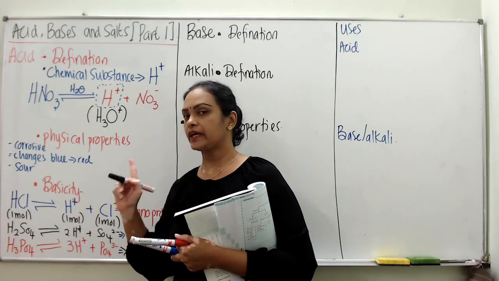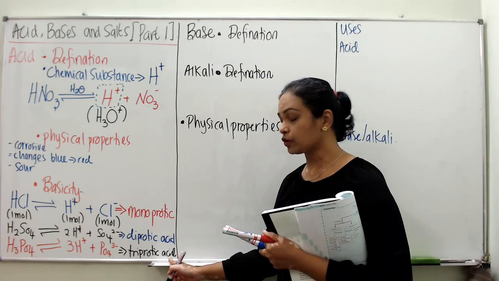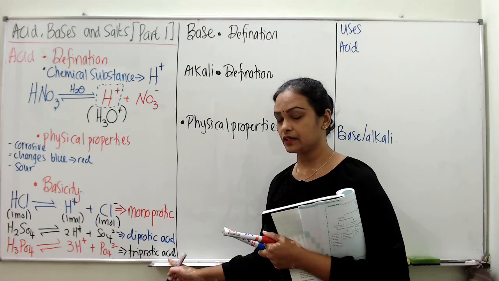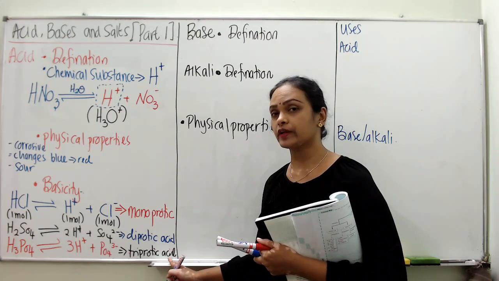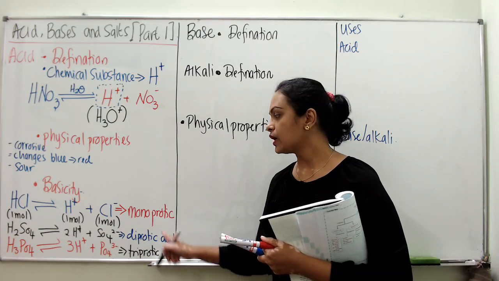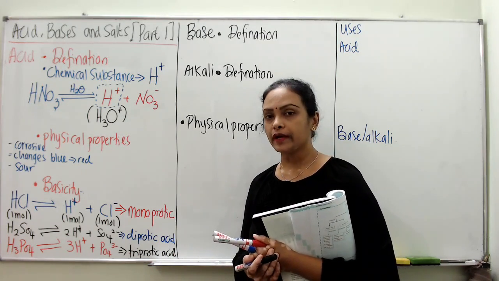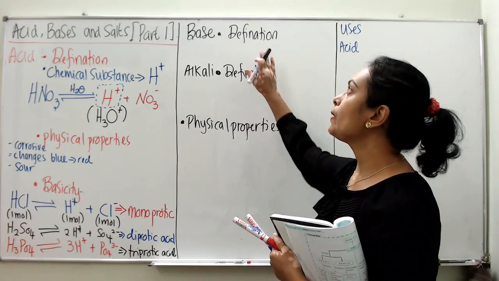Just by looking at that 1 mole, you know that phosphoric acid is a triprotic acid. So you can say that phosphoric acid is a stronger acid compared to the other monoprotic and diprotic acids. Alright? So let's move on to base.